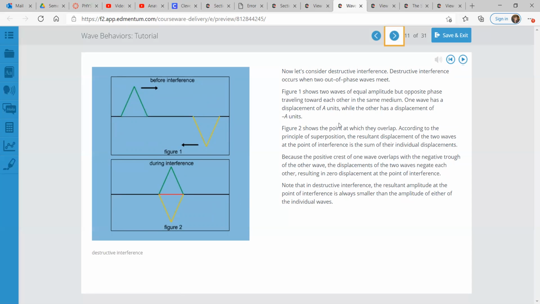The positive crest overlaps with a negative trough, and if you add a positive to a negative, you get 0. This is destructive interference. The resultant amplitude at the point of interference is always smaller than the amplitude of either individual wave.